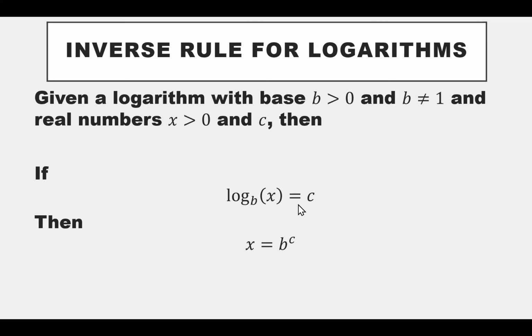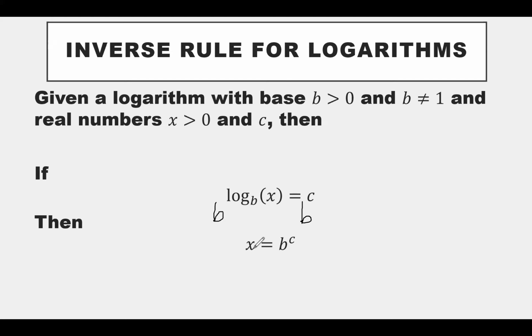Now, when I say rewrite, all I'm talking about is realizing that if I take log base b of x is equal to c, then x is equal to b to the c power. That's actually the same thing that I get if I take b to this power is equal to b to this power, and then utilize the inverse property of exponents and logarithms to cancel out b to a power and log base b.